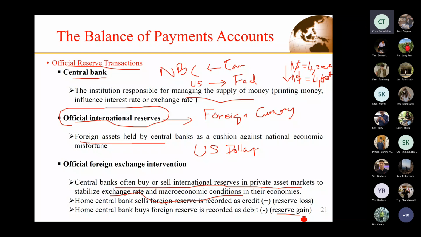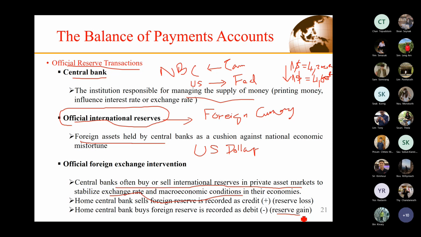Well, for example, if you sell the US dollar, maybe you can get the other currency back in return, or you can earn, for example, the government bond of that country, or it could be any other kind of asset.